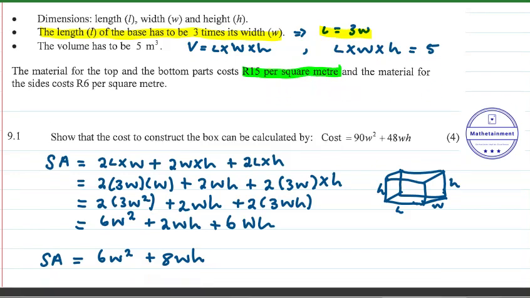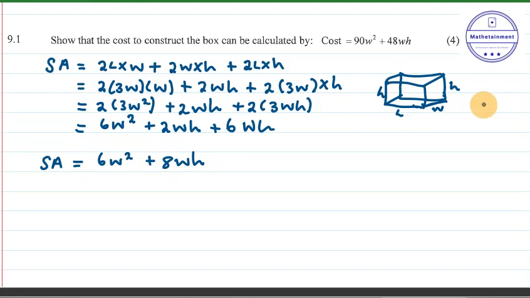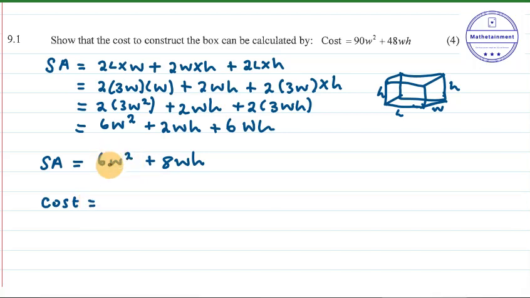Now we no longer work with surface area, but we are moving to the cost. This top and bottom part is 6W squared, and this part costs 15 rand, meaning you'll have 15 multiplied by 6W squared.